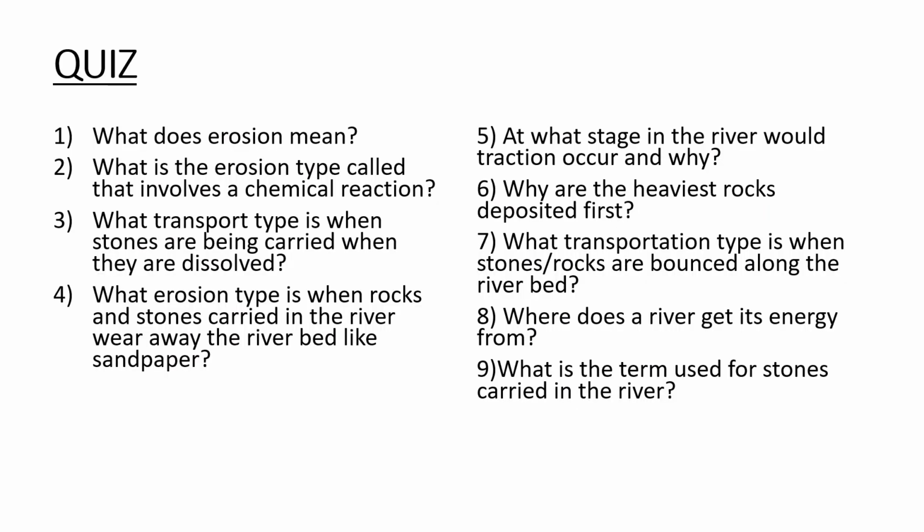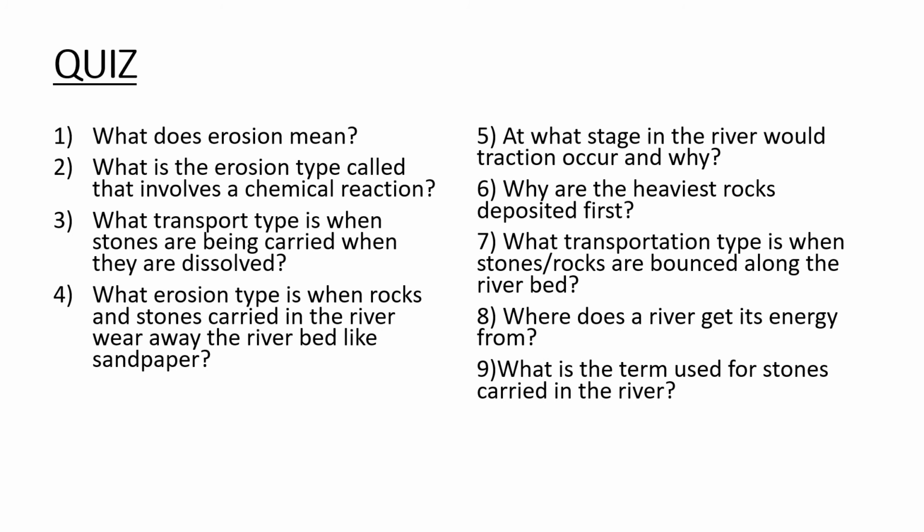So a quick quiz at the end. What does erosion mean? Okay, erosion means the wearing away of the land, like sandpaper. What is the erosion type called that involves a chemical reaction? Okay, that's corrosion.